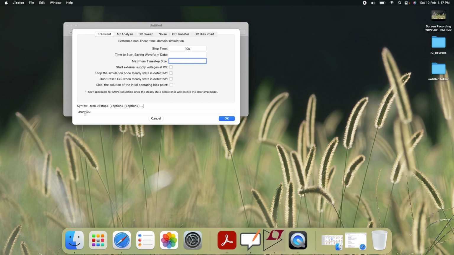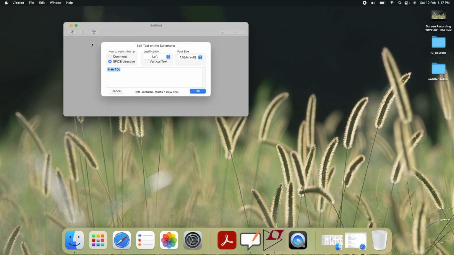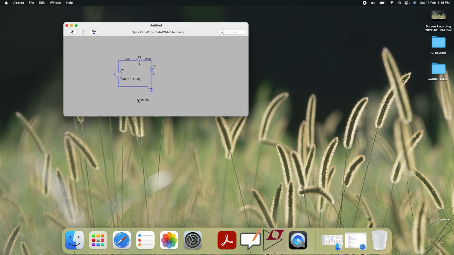That command is very simple. If I want to run transient analysis till 10 micro, the command is just .tran 10 micro. If I want to run AC analysis till 1 mega, it's .ac 1 mega. Such commands, if you don't remember or don't know, always use right click and take help from the analysis command. Once this is done, you can click OK, and keep the analysis wherever you like.